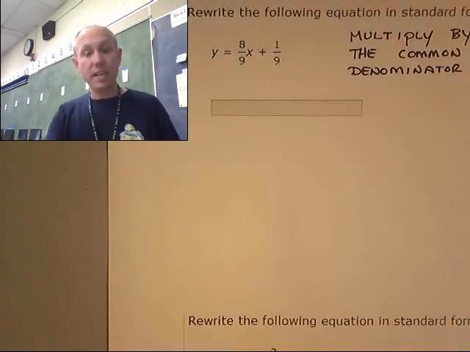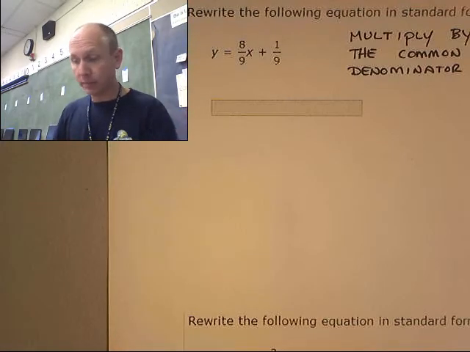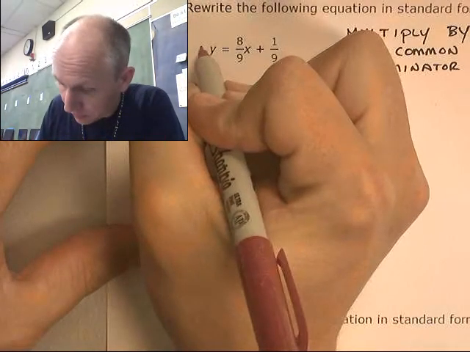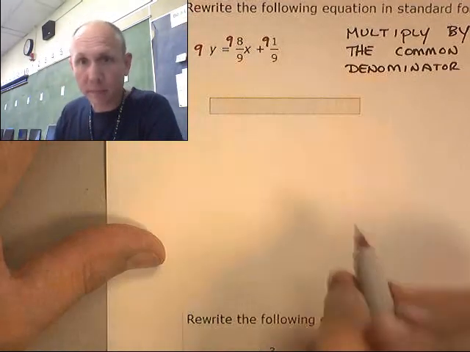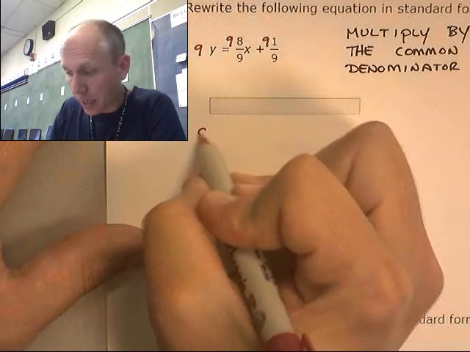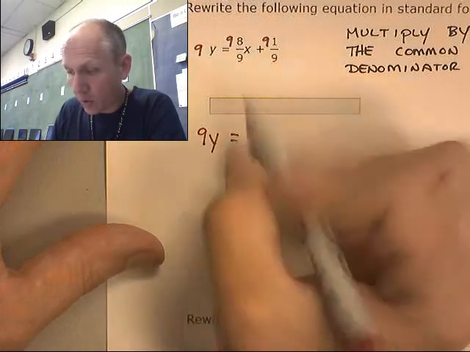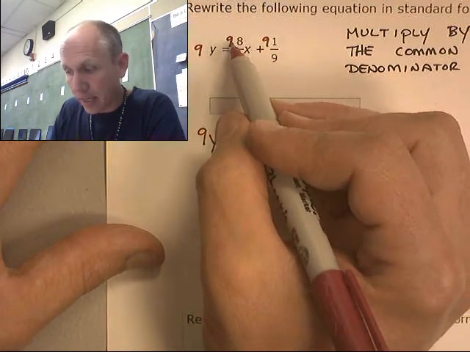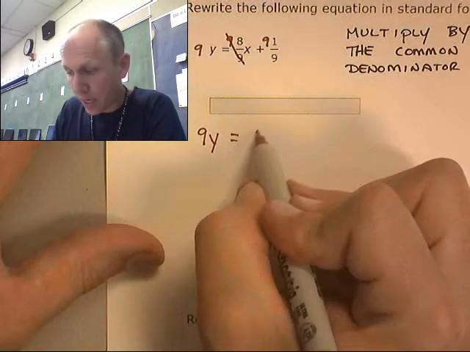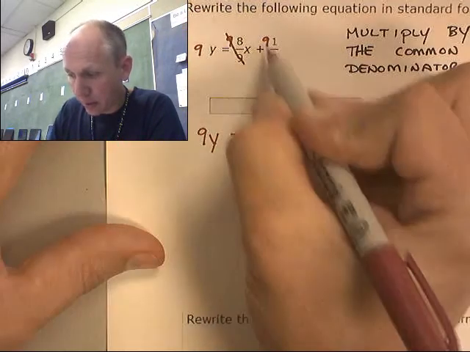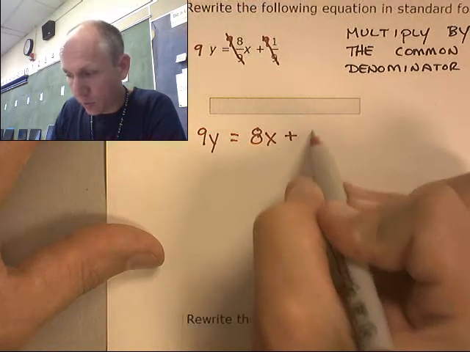So I'm going to multiply not y by 9. I'll multiply this guy by 9 and that guy by 9. That leaves me with 9y equals, now ready? This 9 and that 9, they're going to cancel each other out, leaving me with 8x plus 1.